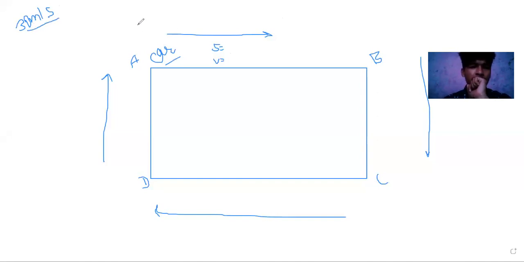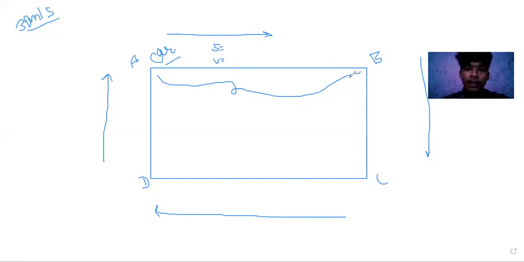So if you look at the car while going from A to B, at the very first, what will be the distance? If you look very carefully, the distance is the same as the displacement. While going from A to B, it is moving along a straight path, so this straight path is the distance also.